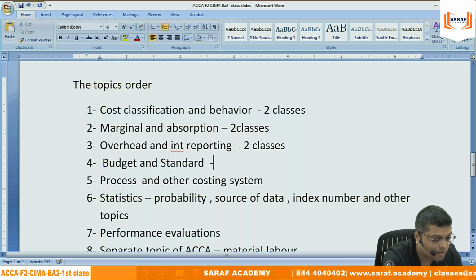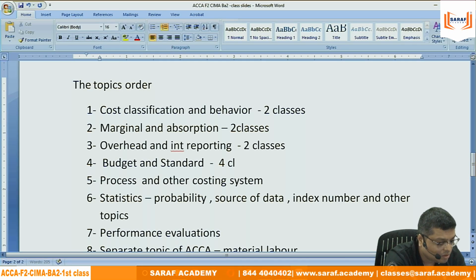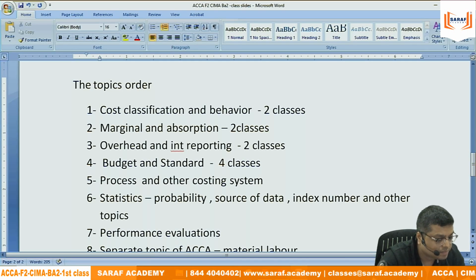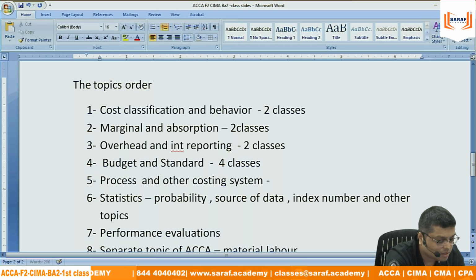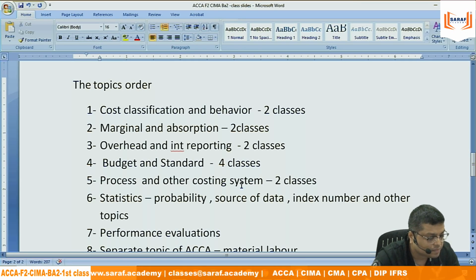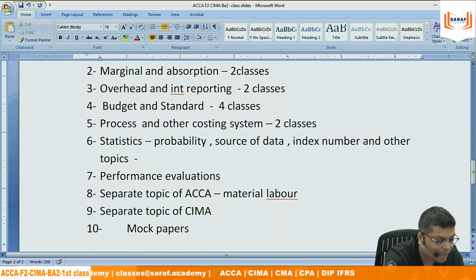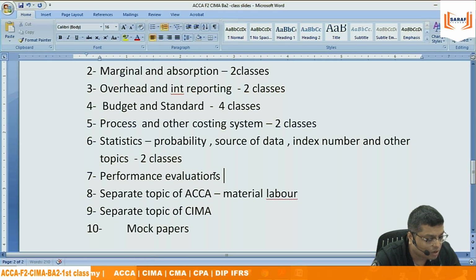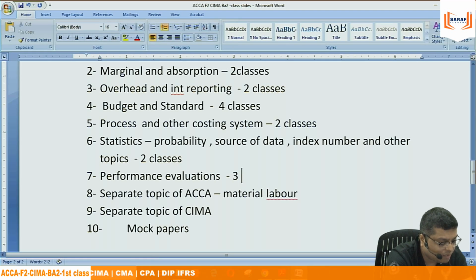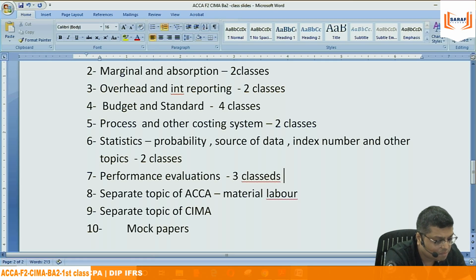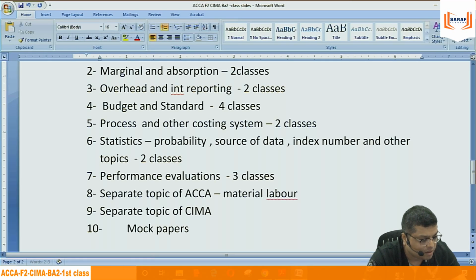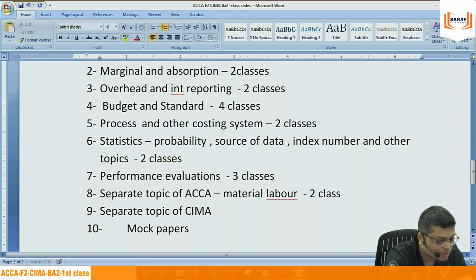Budget and standard, 4 classes. Process costing, 2 classes. Statistics, probability, everything, 2 classes. Performance evaluation, even though I can finish in 2 classes, but since it is a theoretical topic, I need to explain more. 2 classes.